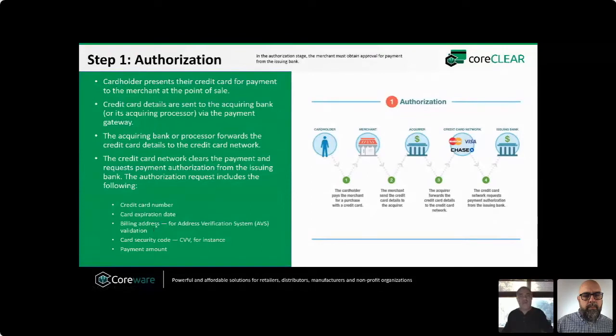But there's a lot more information that can be communicated to the actual respective payment gateway, which then gets communicated over to the issuing bank. And again, the whole purpose of communicating that information is to reduce the likelihood of fraud.